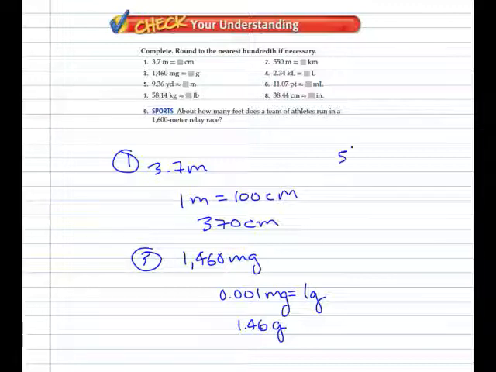Example number 5. 9.36 yards. I'm going to change that to meters. And what I know is that 1 yard equals 91 hundredths of a meter.